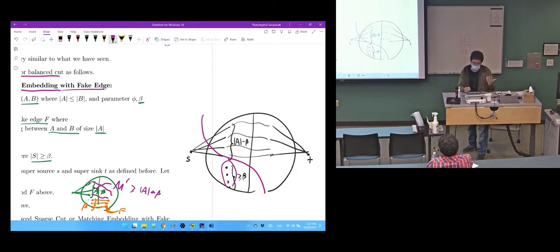The fact that they cannot send flow means their flow gets stuck in the min cut, which is why all of this is in your cut size. So that's why your cut is balanced. To make this precise, you just need to write some inequalities and make sure that this is the case.